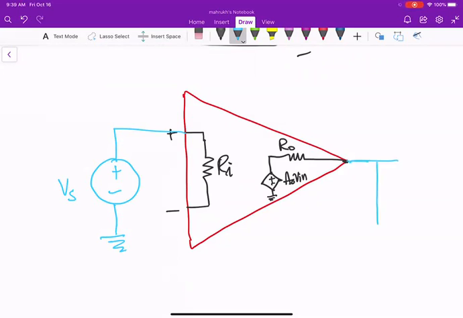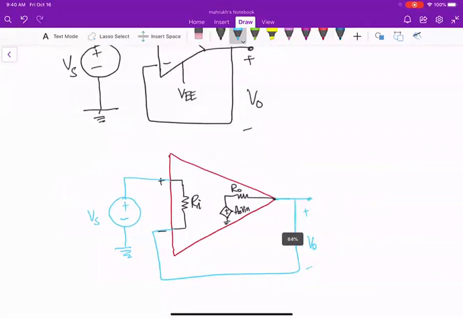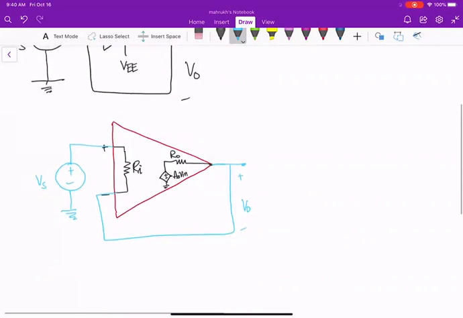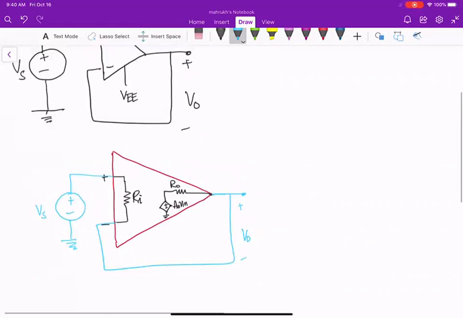And if we compare it with the circuit that we have drawn for a unity gain, then it will be this. Okay. So that's the circuit if you compare it with the equivalent circuit of this amplifier.